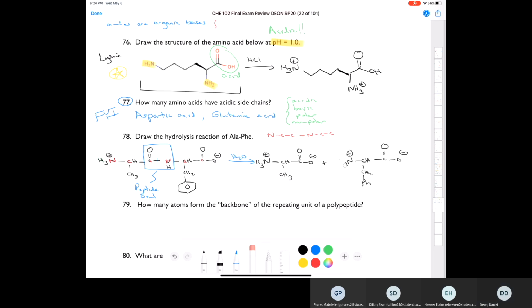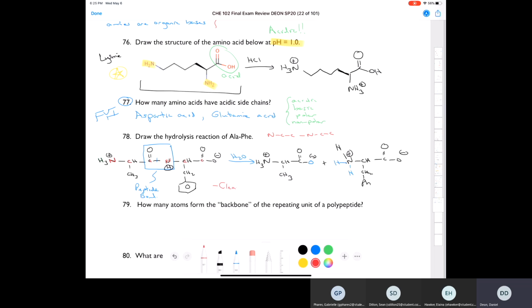If I spruce this up, my H2O, my oxygen is there, and I have two of the hydrogens attached here, and the other hydrogen was the one you had from the get-go, this one here. That's the hydrolysis of a dipeptide to give you two individual amino acids. So we're breaking what? Primary structure. We could even write that down.